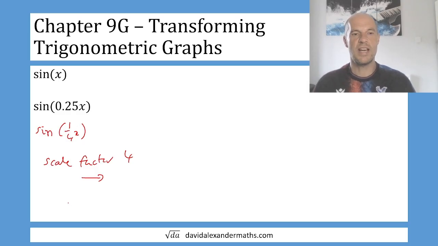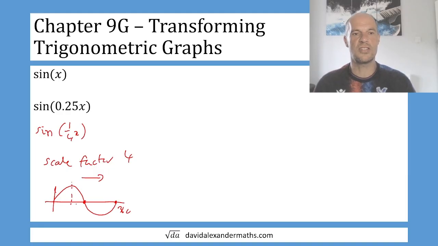So between 0 and 360 degrees, the sine of x, I'm getting the full sine wave in. But if I'm stretching this with a scale factor of 4, that means that I'm only going to get 1/4 of the full sine wave in between 0 and 360. Up to here, that's half a sine wave. So 1/4 of the sine wave is just this little arc here.